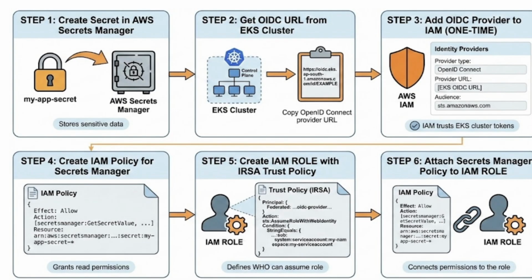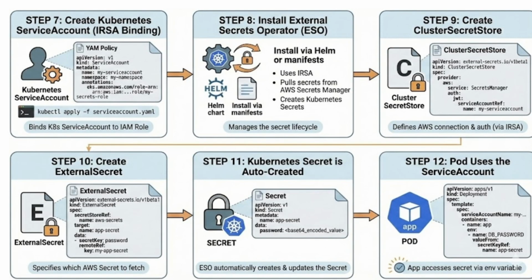So once this is done, we'll move to the next step. We have just created a role with the necessary permission sets. Have we assigned that role anywhere in the Kubernetes environment? No, right? We need to assign that particular role. So how do you assign a role? You can assign a role with the help of a service account. You go ahead and create a service account over here on the Kubernetes cluster.